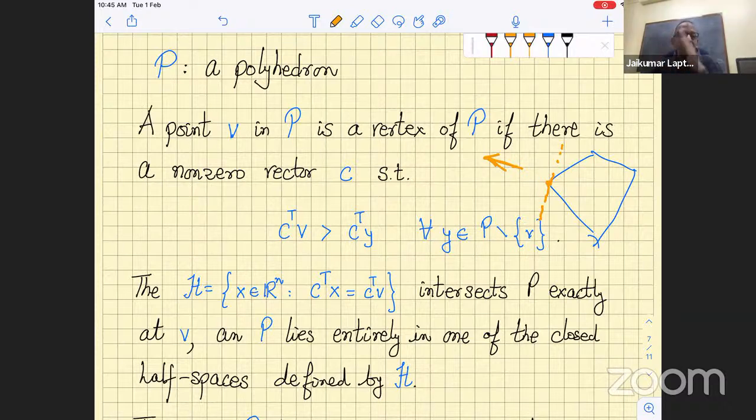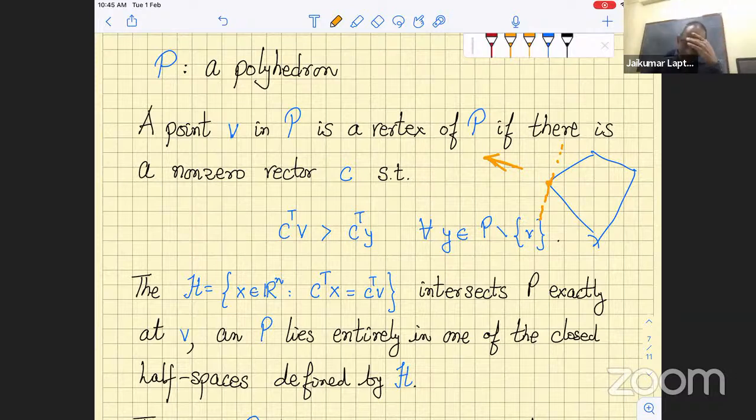That means there is a hyperplane where the polyhedron is entirely to one side, and the only point of intersection between that hyperplane and the polyhedron is the vertex v. Then that point v is called a vertex.